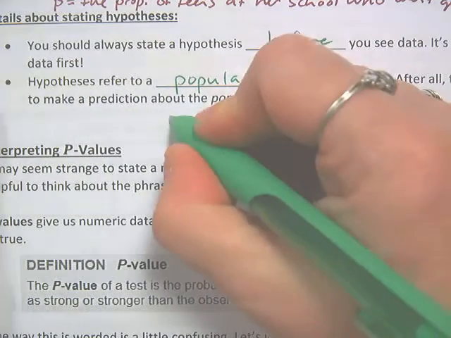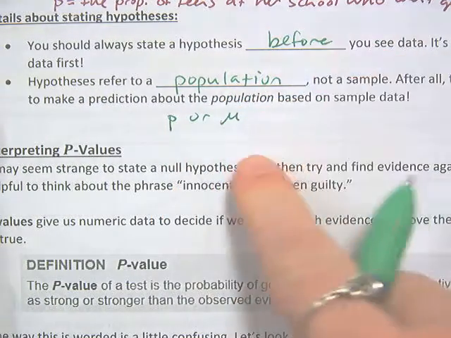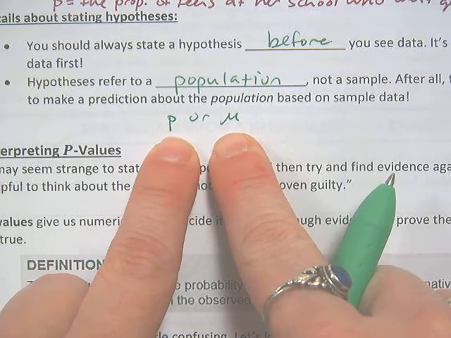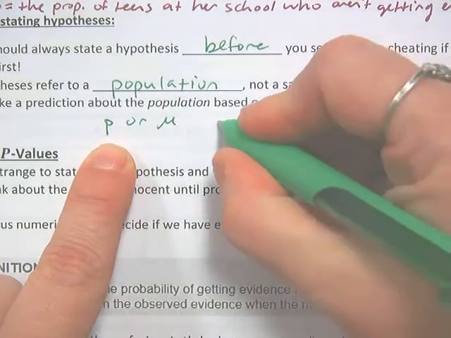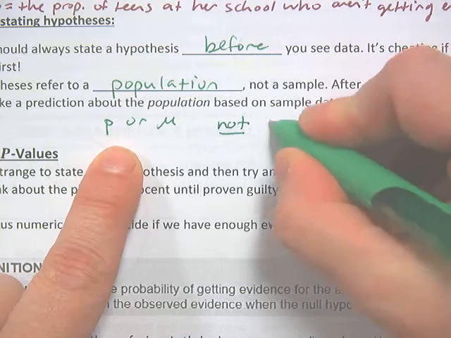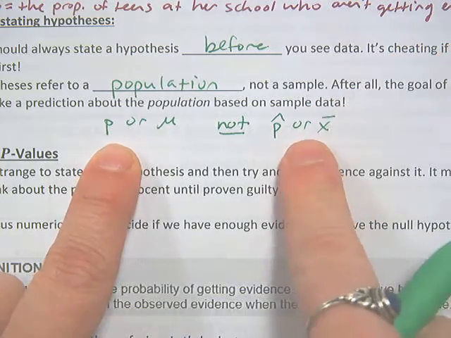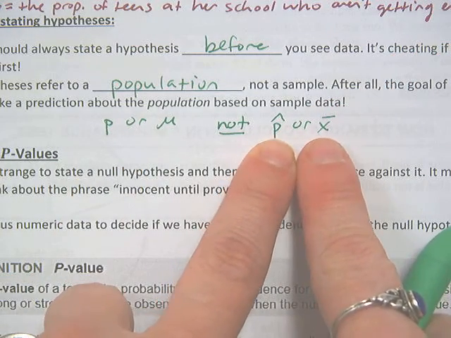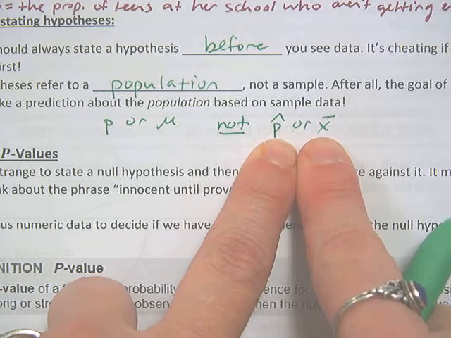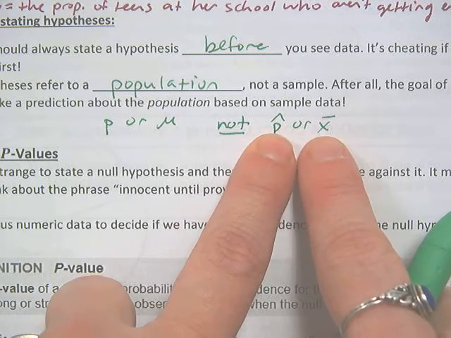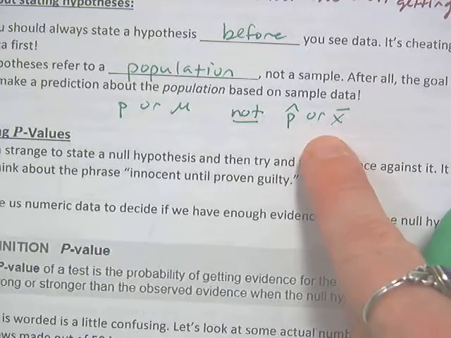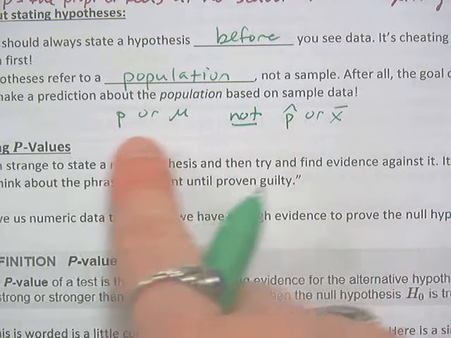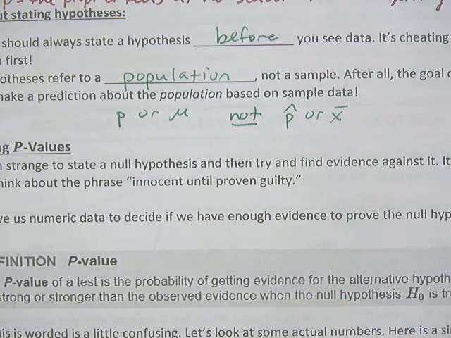You're only going to ever see the symbols P or mu in a hypothesis. You're not ever going to see P hat or X bar in a hypothesis. Ever, ever, ever. If you've got a multiple choice question and you see P hat and X bar in a hypothesis, mark it out. We're always referring to population proportions and means.